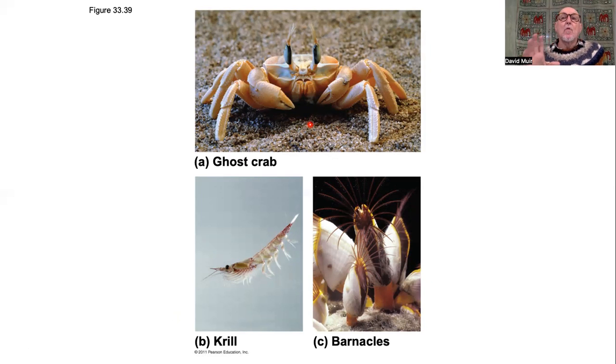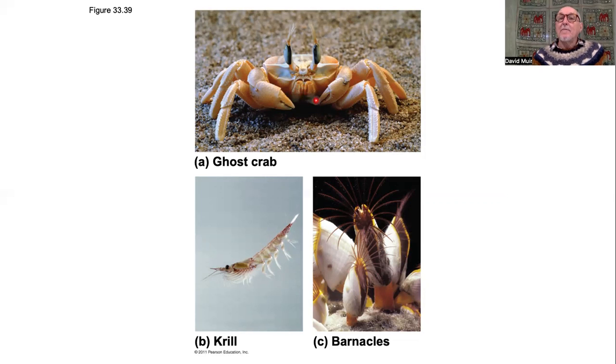You've just got to realize that the dominant body part that you see is the cephalothorax. The abdomen in the crabs is small and is flexed underneath the cephalothorax. Here they have the limbs, some of them specialized.